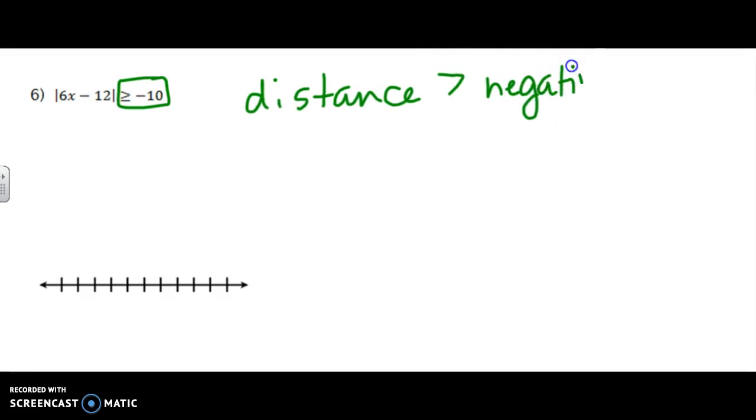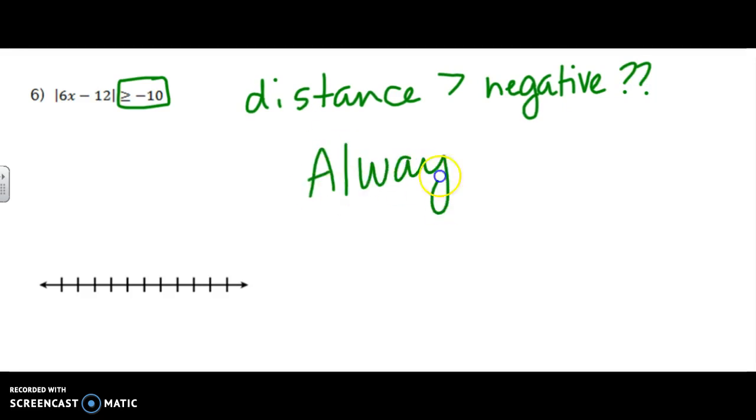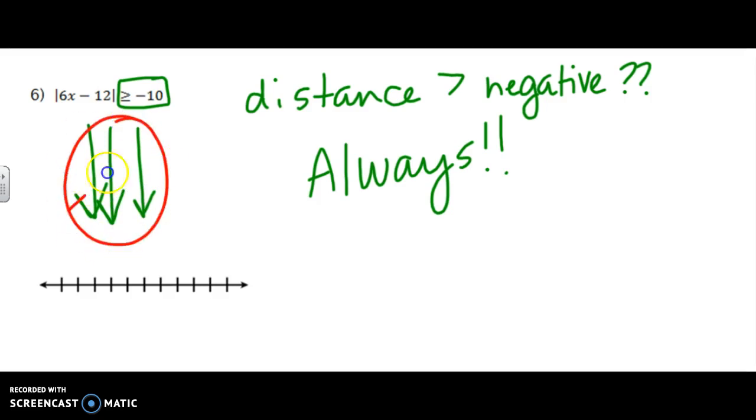Well, when is your distance ever going to be bigger than a negative? Well, isn't that always going to be the case? So if it's always going to be bigger than a negative, save yourself from doing all this work here because that's ridiculous. You could save yourself doing this and say, that's unnecessary. This will always work. Therefore, I know this is always going to be all real numbers.